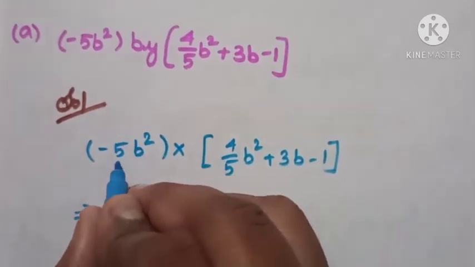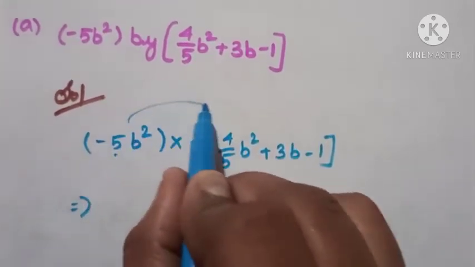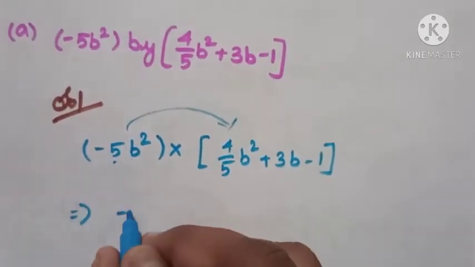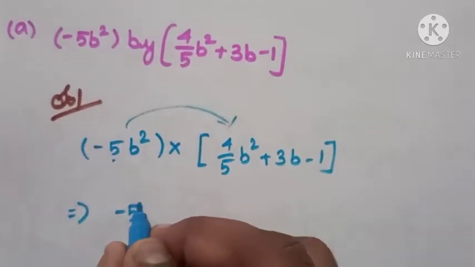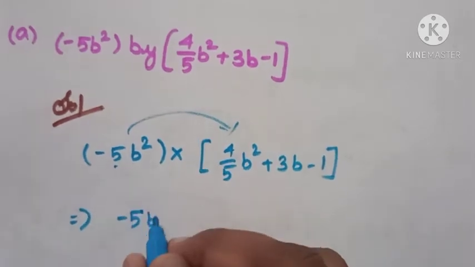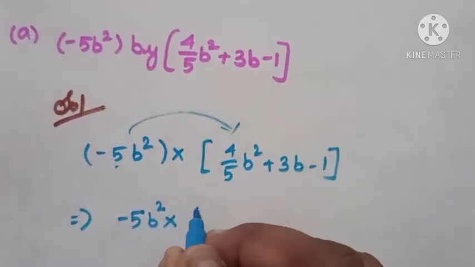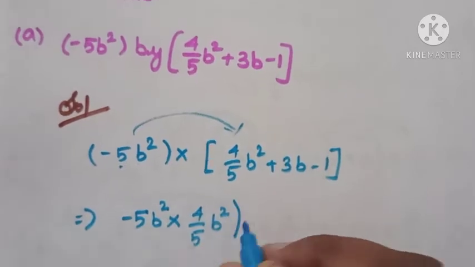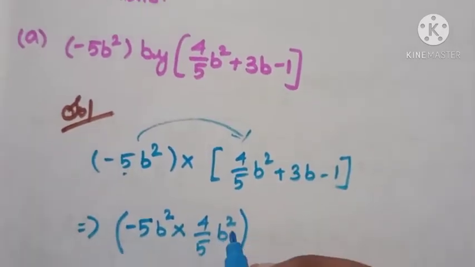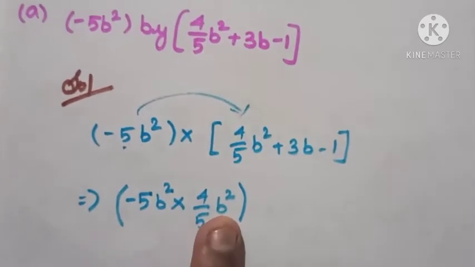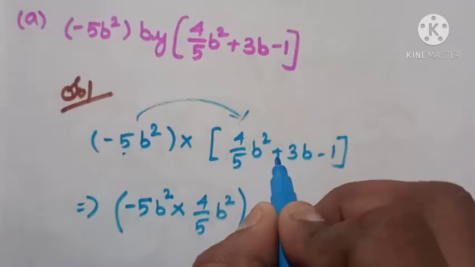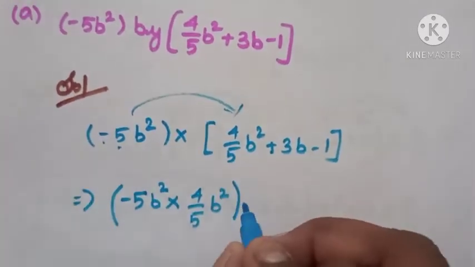So first this minus 5b square is multiplied with 4 by 5. So minus 5b square into 4 by 5 b square. For the first term you need not put any symbol in front, you directly go with the multiplication. Now we need to put the symbol, plus into minus.